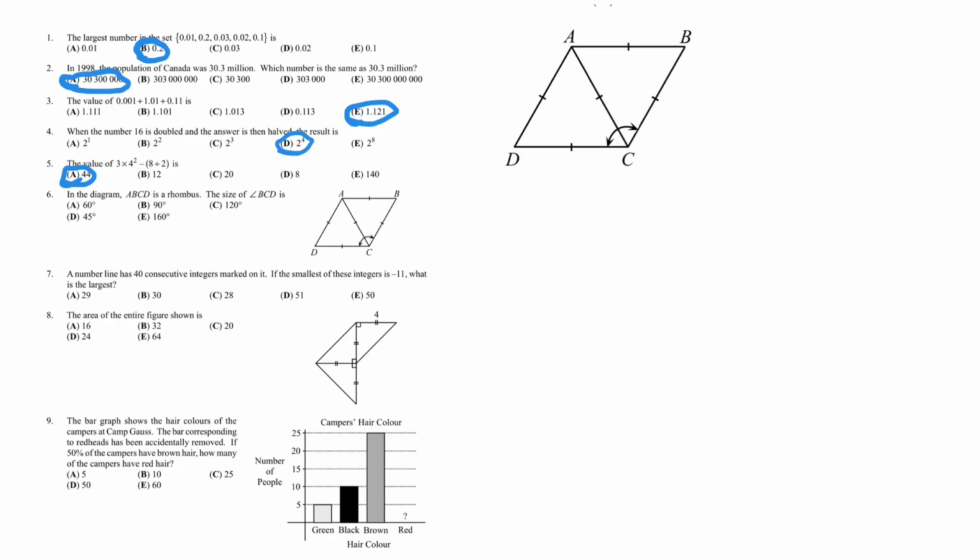That means ABC and ADC are both equilateral triangles. Equilateral triangle, so all three angles are 60 degrees. Same thing, 60 degrees. So the angle BCD is 120. Therefore, the answer of number 6 is choice C.